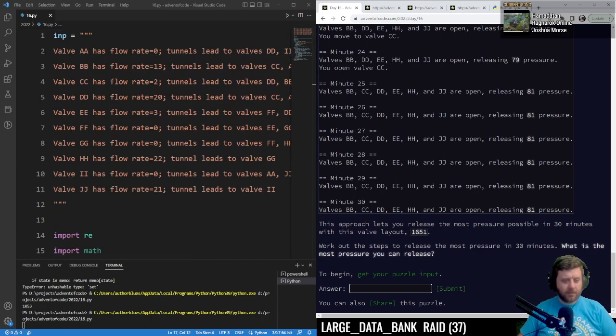I'm a doofus. I've been submitting down here despite the fact I'm running on the sample input because I'm just not even thinking.